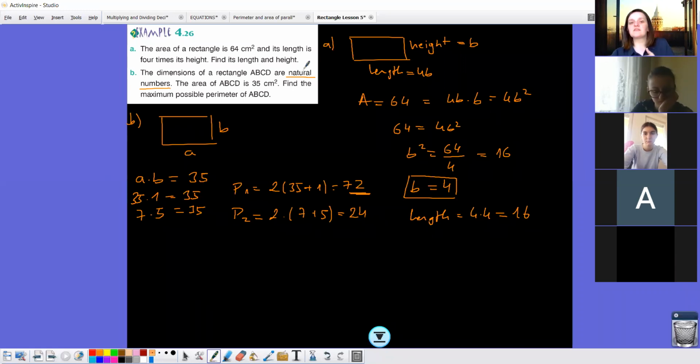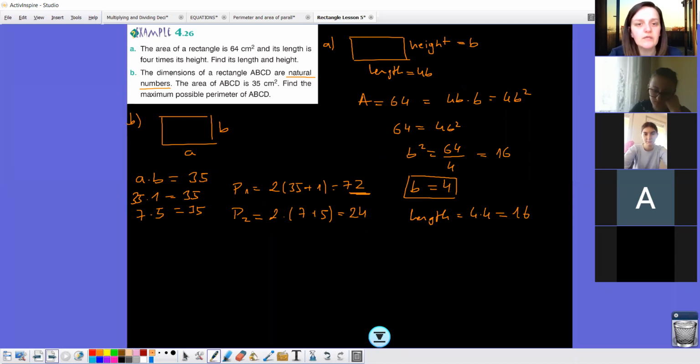But here, there is no other possibility: it can be 35 and 1 or 7 and 5. If it wasn't given, you cannot find an easy solution for this. Did you understand? Yes, teacher, it's clear.